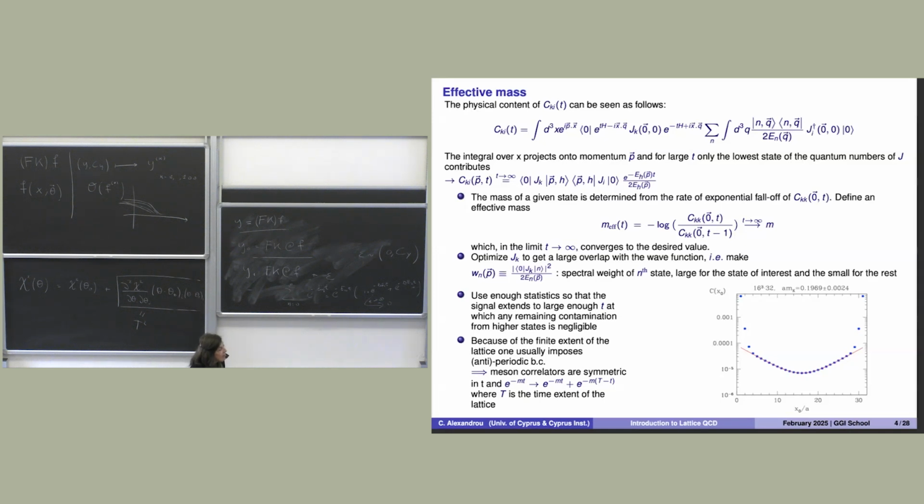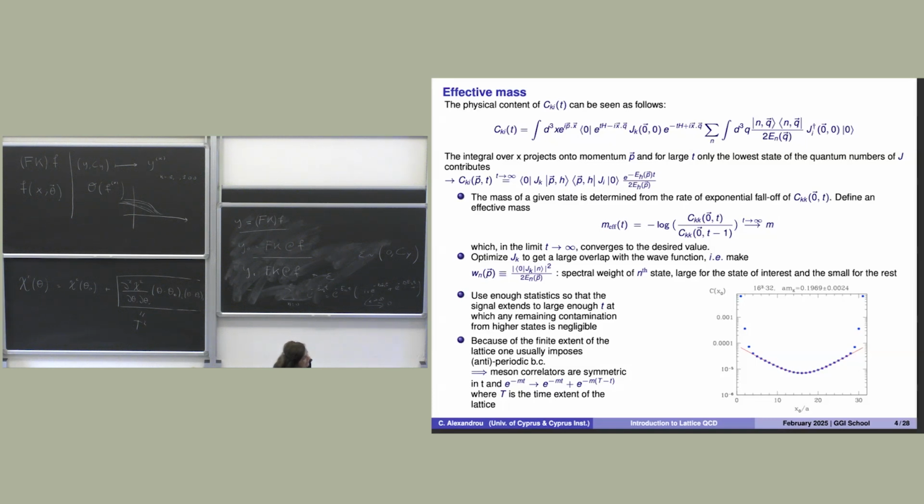Now, here is an example of a correlator as a function of time. Here I put the right units: x0, the time divided by a. You see how the correlator behaves. It starts higher because it has many contributions summed, and then it decays.